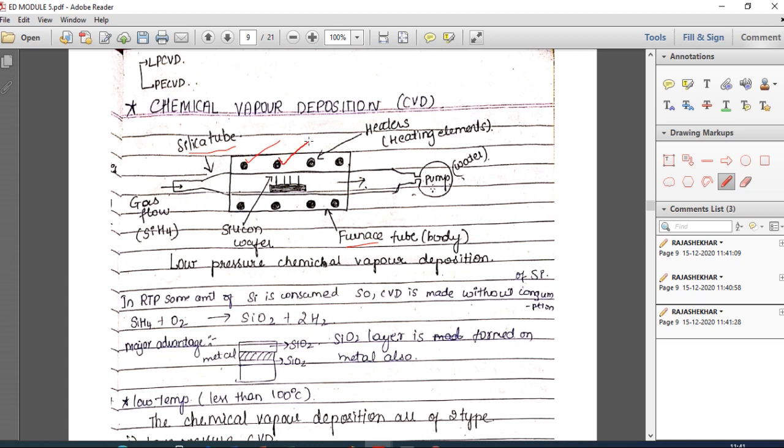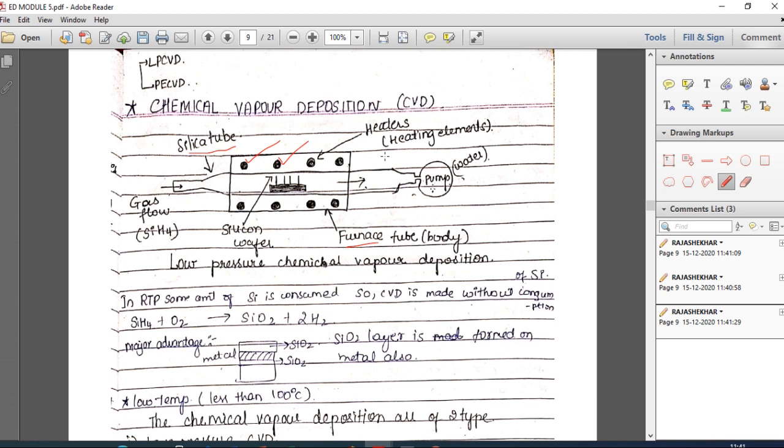We call them heaters, which are necessary to generate a temperature. Another important thing: the temperature generated by these heaters is less than 100 degrees Celsius. That is another important point compared with rapid thermal processing.